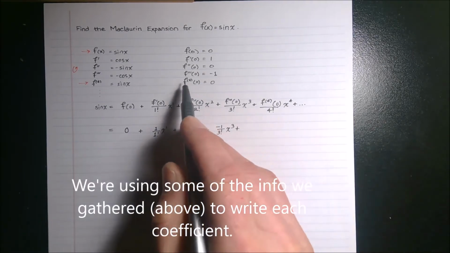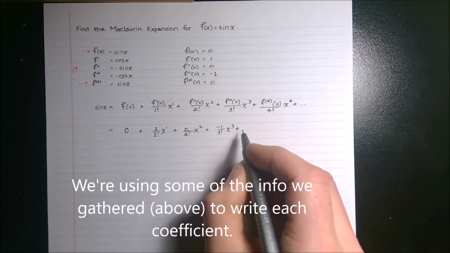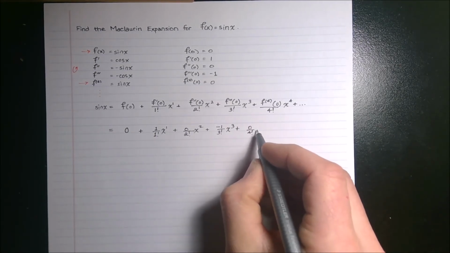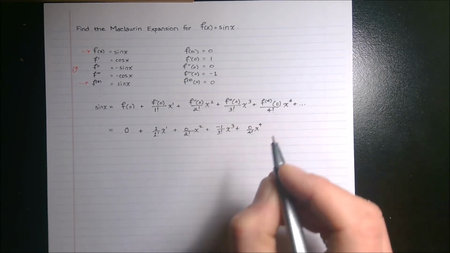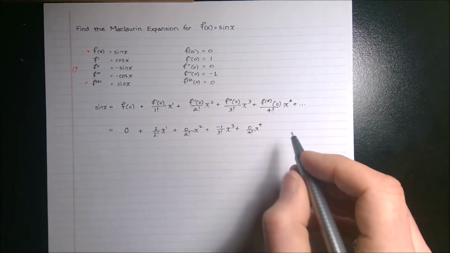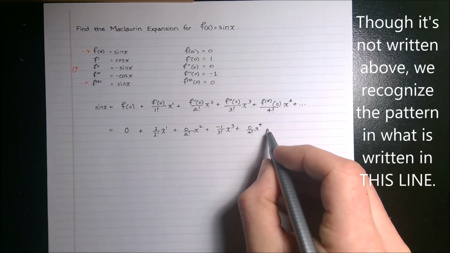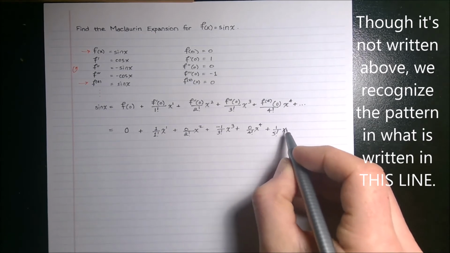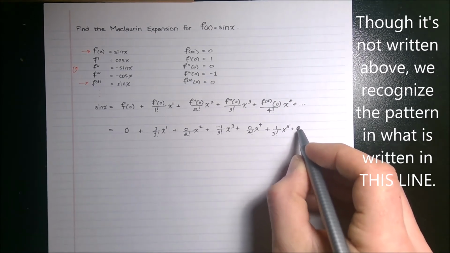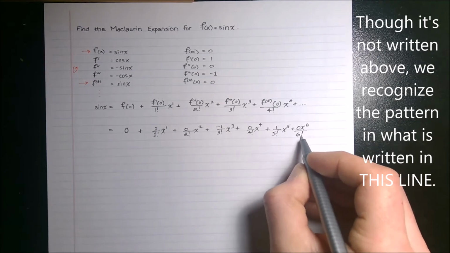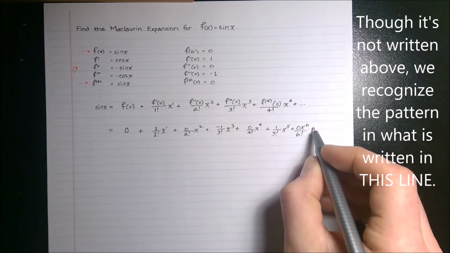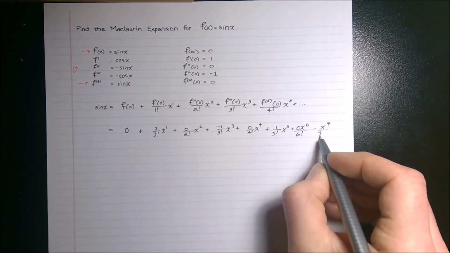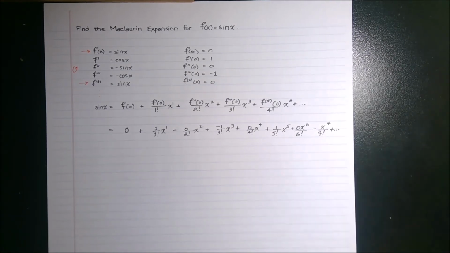I'm just filling in these coefficients. So that's 0 over 4 factorial times x to the fourth. Then I'm going to continue the pattern a little further, because we know what's going to happen here. This would be 1 over 5 factorial x to the fifth, we'd have 0 times x to the sixth over 6 factorial, and then negative x to the seventh over 7 factorial. It's going to go on forever.